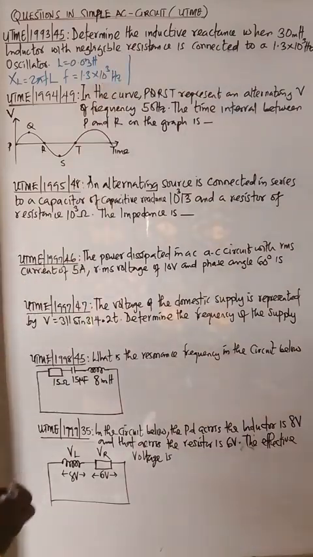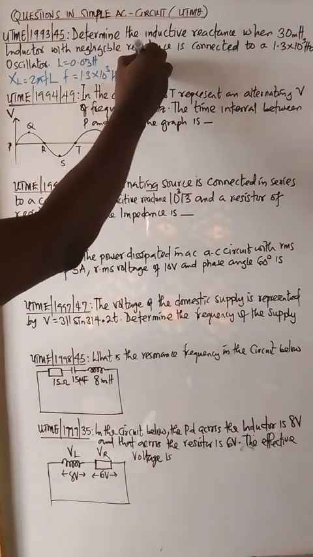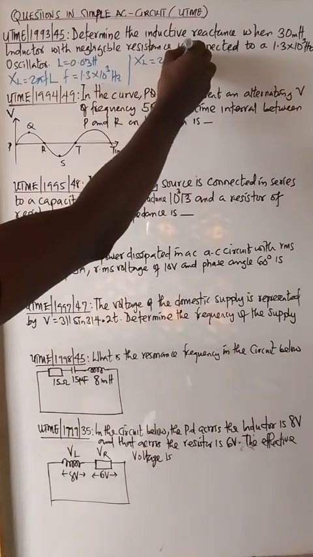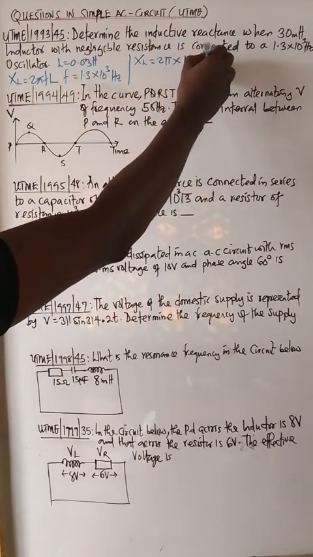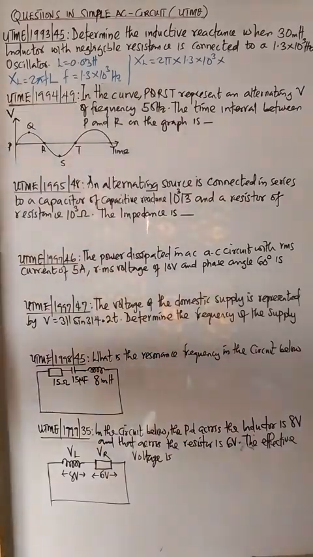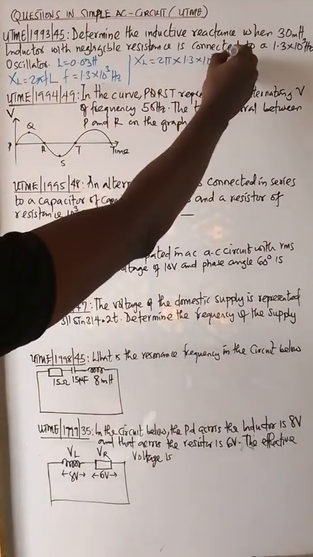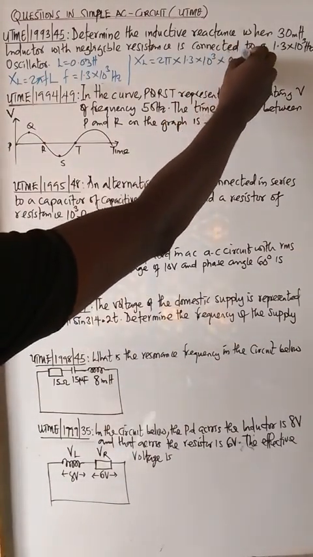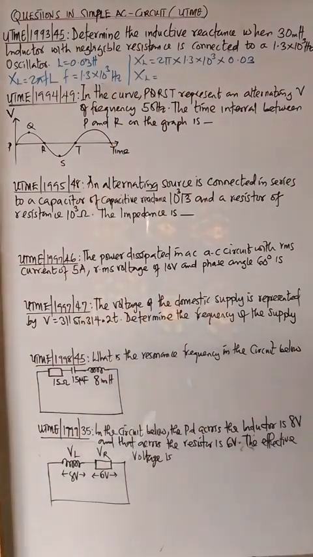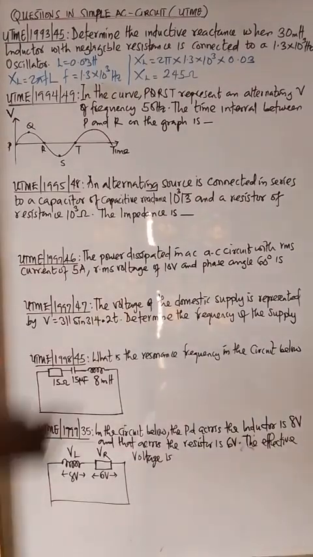Our aim is to get XL, and XL equals 2π, the f is 1.3 times 10⁻³, and our L is 0.03. By the time you multiply everything, we'll get our answer, which should be 245 ohms.